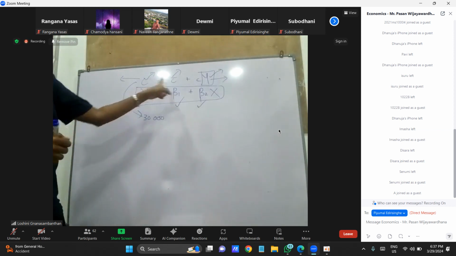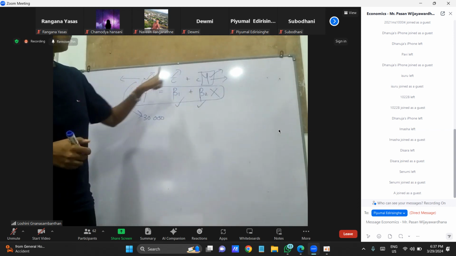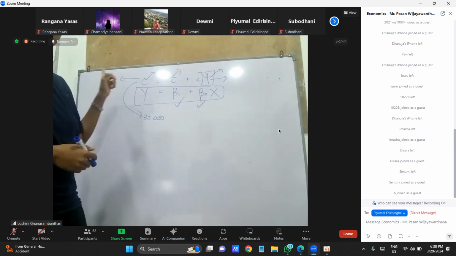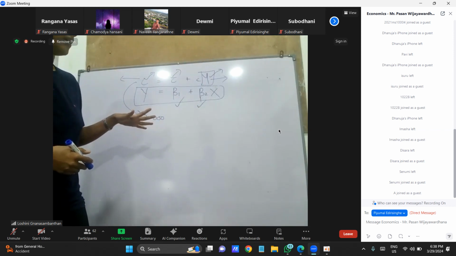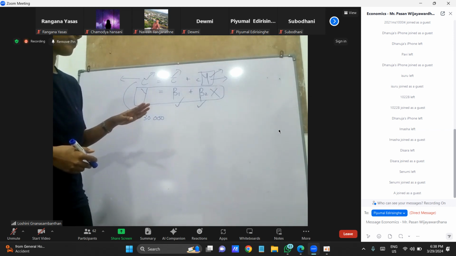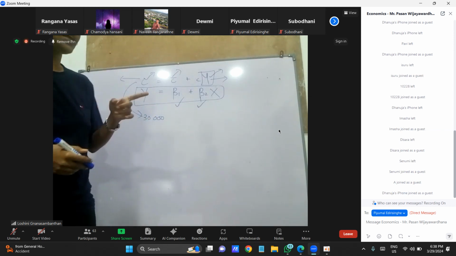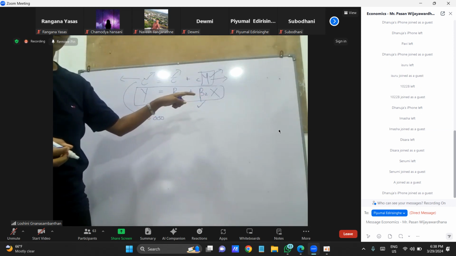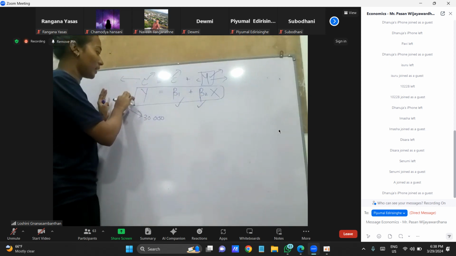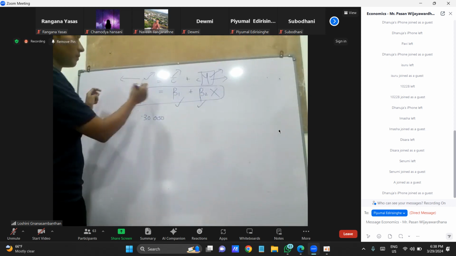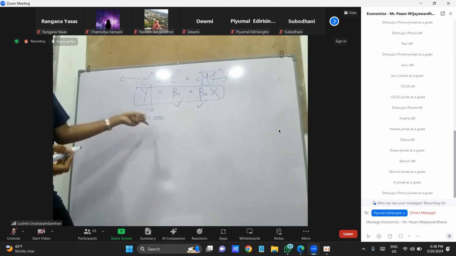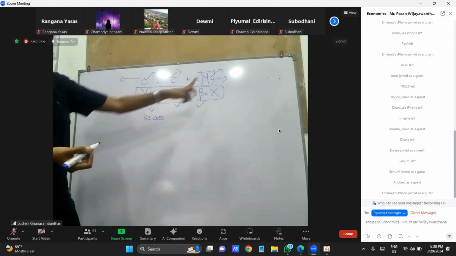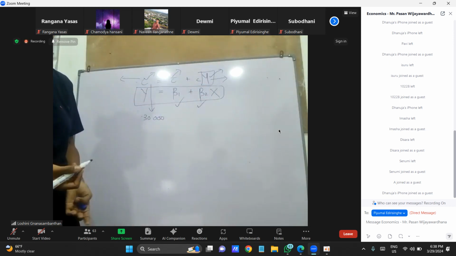Then regression versus correlation. Regression will give you a value of the dependent variable based on the independent variable. According to the changes in the independent value, the dependent value will change. But correlation only tells you the relationship type. It doesn't give you a number, right? Through regression, you can find that consumption is 30,000, 40,000, 50,000, anything, according to whatever income you put.